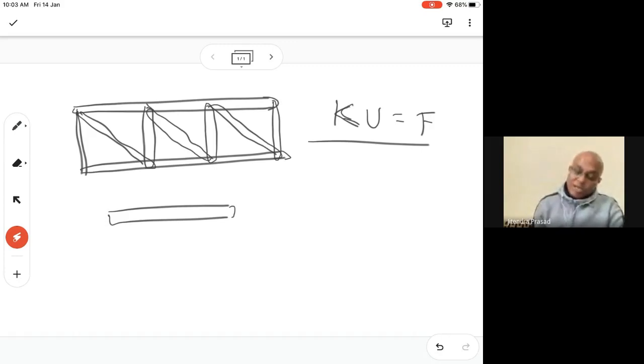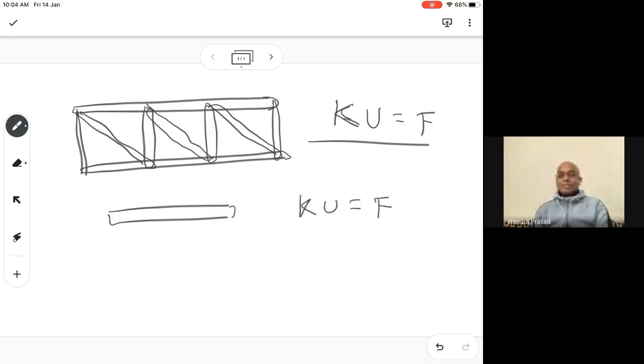Okay. Now, if you have just one bar, you already know that Ku equal to F is the equation, where U is given by, let's write it this way, Ux1 and Ux2.